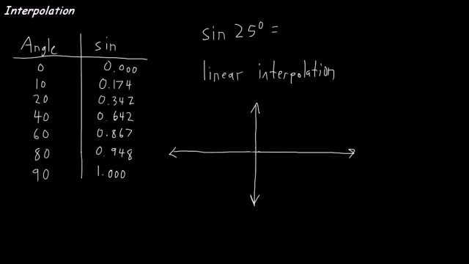Sine starts at 0, 0, and at 90 degrees it has the value 1. That's its maximum. At 180 degrees it goes back to 0. At 270 it's at -1, and at 360 it's back to 0. It's a smooth curve that looks something like this. You've probably seen this figure before. It's like a sinusoidal wave.